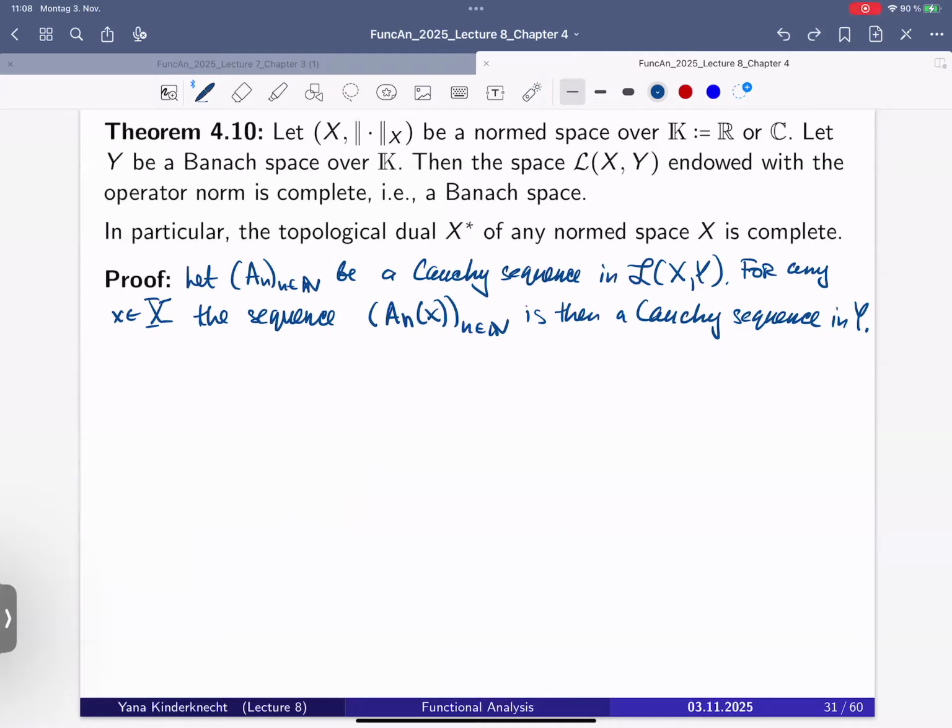This is a Cauchy sequence by the same argument which we have used already: the norm of A_n x minus A_m x in Y is smaller or equal to the norm of A_n minus A_m times the norm of x in X.